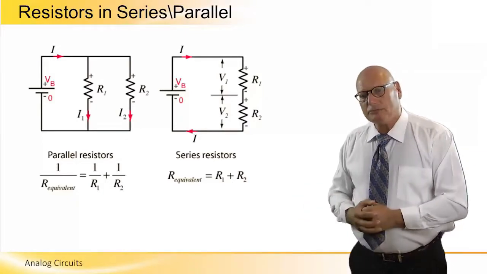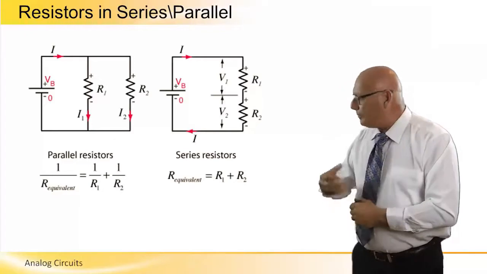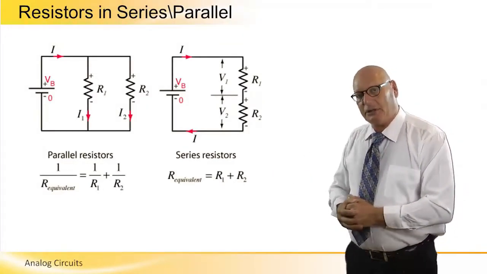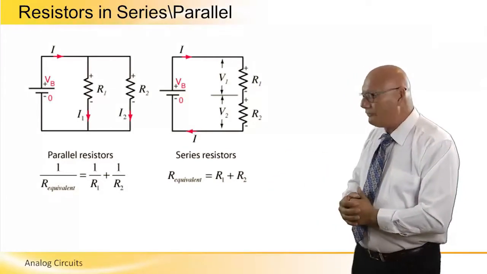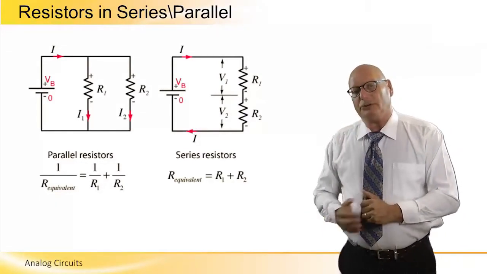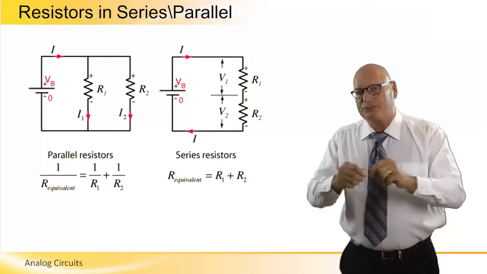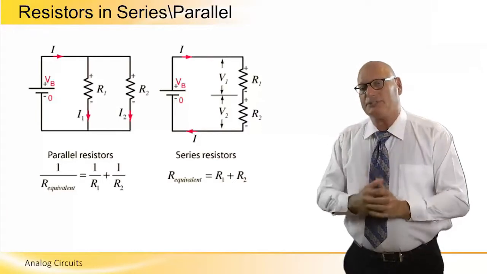Same battery, plus side, minus side, and the battery provides VB. And the battery provides current because there is resistance in the circuitry and because the circuit is a closed loop. And here we have two resistors in series. These two resistors in series, as we can see in the formula on the bottom, in case of serial connection, it's a summation of the resistance.